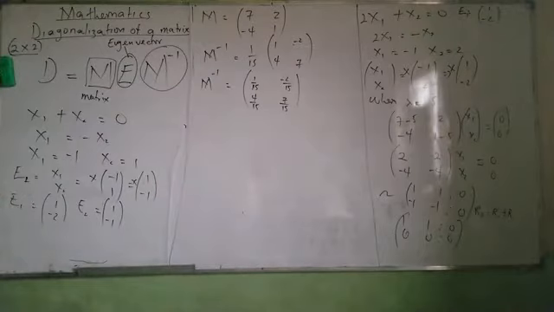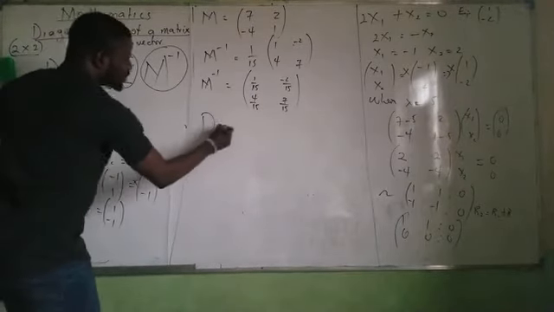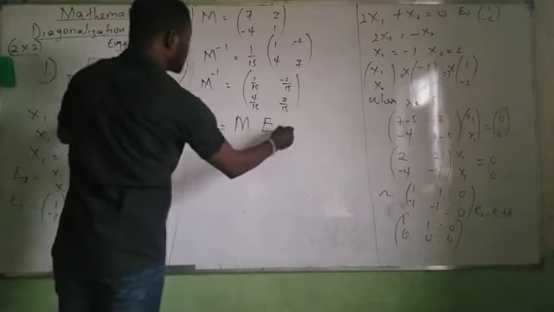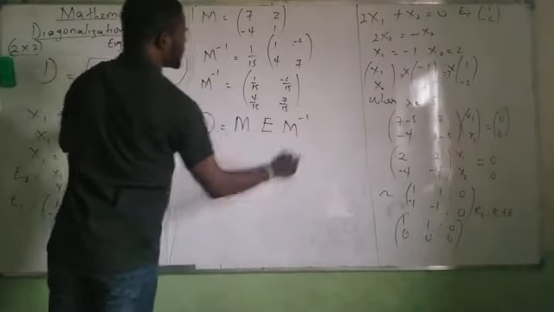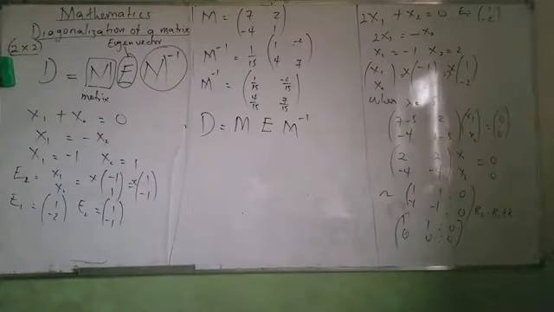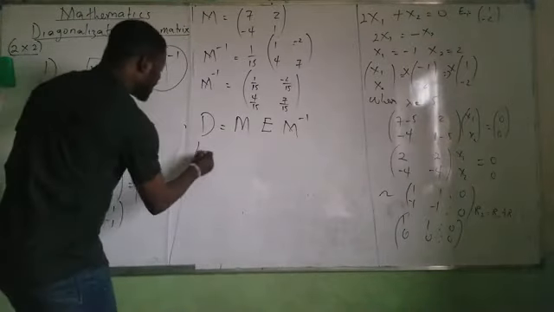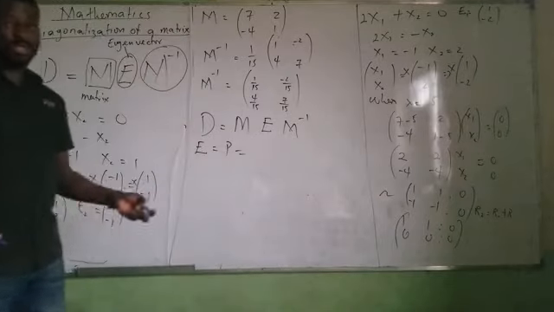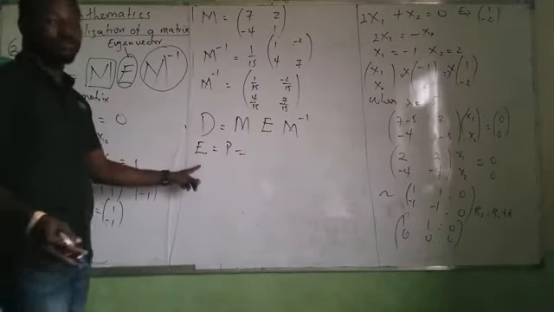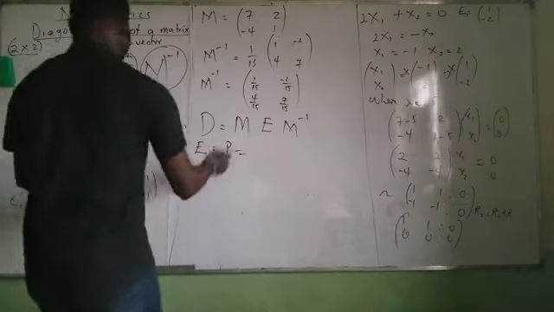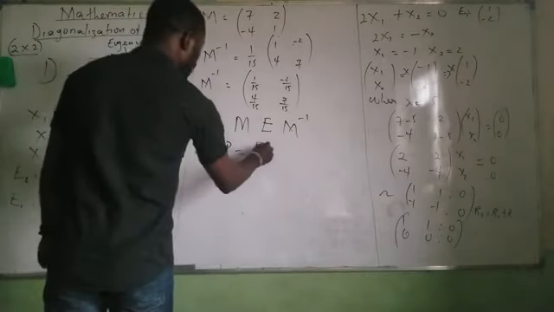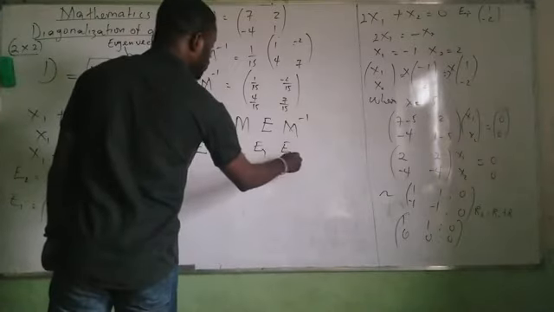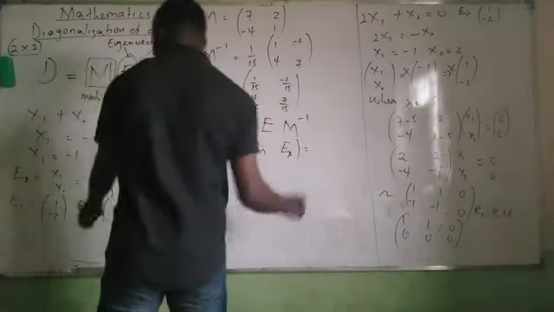Now, what is my diagonalization? My diagonalization is equal to M, E, and M inverse, the inverse of M. Now, what is my E? My E is equal to, some people use P. Don't be confused, you can use anything, but I'm comfortable with my E, which is eigen of 1, eigen of 2.